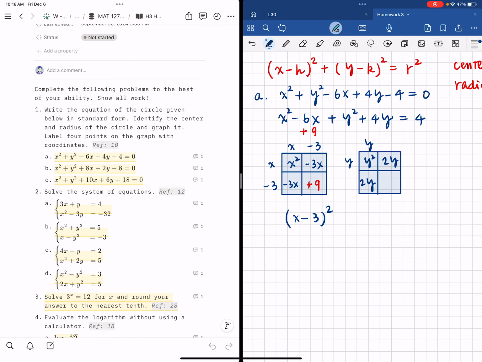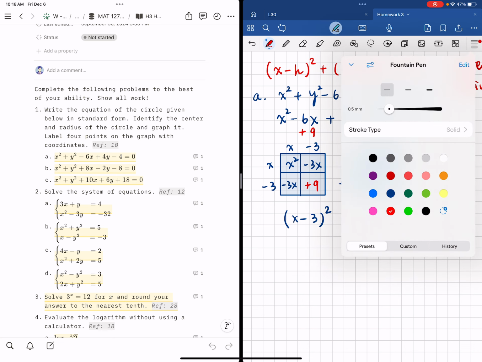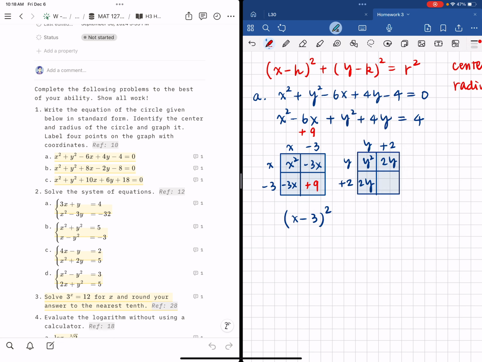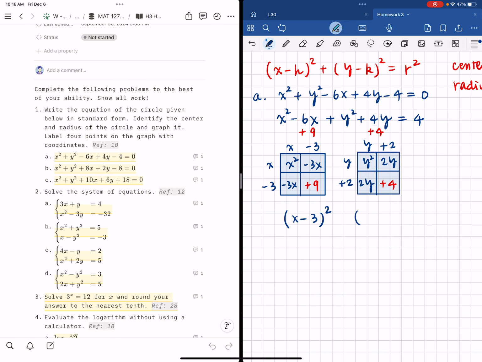That means the side length of the rectangle is positive 2. Then I multiply 2 and 2 together to calculate the missing square on the bottom right. It's positive 4, so I need to add 4 to complete the square. When we complete the square, this becomes (y plus 2) squared.